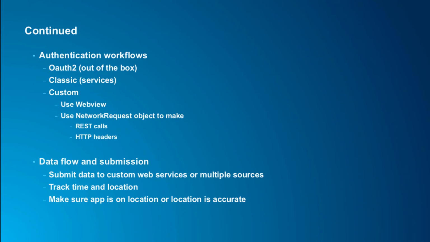The next set of customization that you might want to think of, or if there is a need, is for data flow and submission. This is a common scenario that comes up when we actually meet bigger companies. They already have some sort of a workflow and stuff, and they really don't want Survey123 to only be talking to the ArcGIS backend.